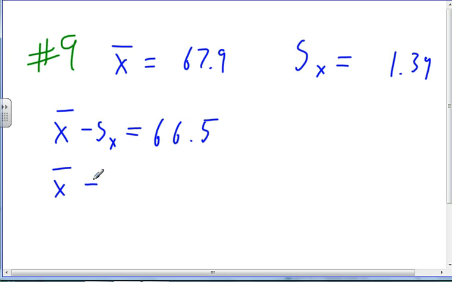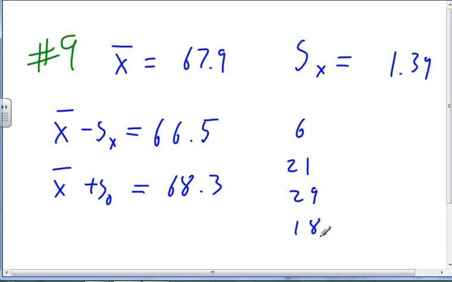X bar plus the standard deviation, 68.3. We look at our data and we see that we have 6 and 21 that doesn't count, and on the top end we've got 29, 18, and 3 that don't count.